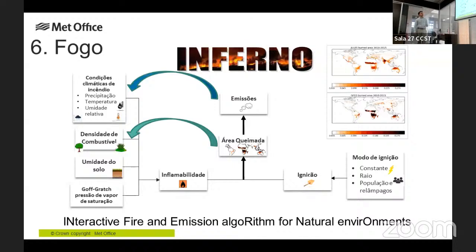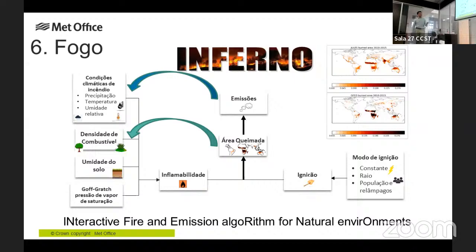And generally, if you squint your eyes and look far enough out, the model doesn't do too badly. There are some regional deficiencies. If you saw Renata's talk yesterday, JULES tends to overestimate fire in southern Cerrado, and in India, and maybe in bits of Australia as well.